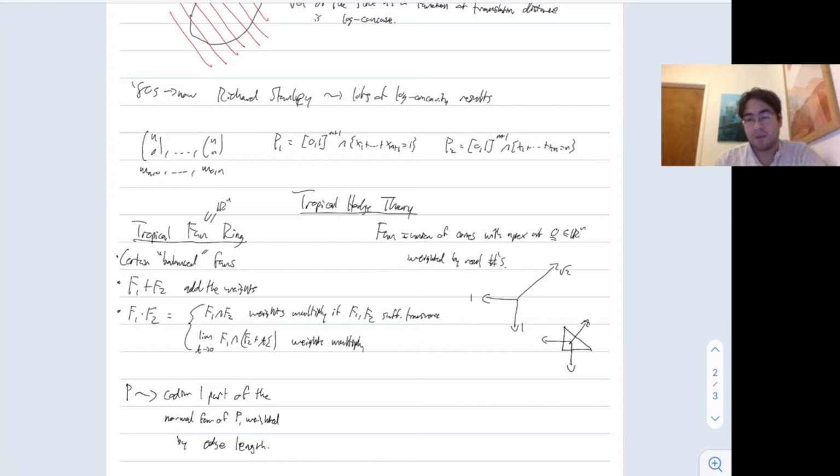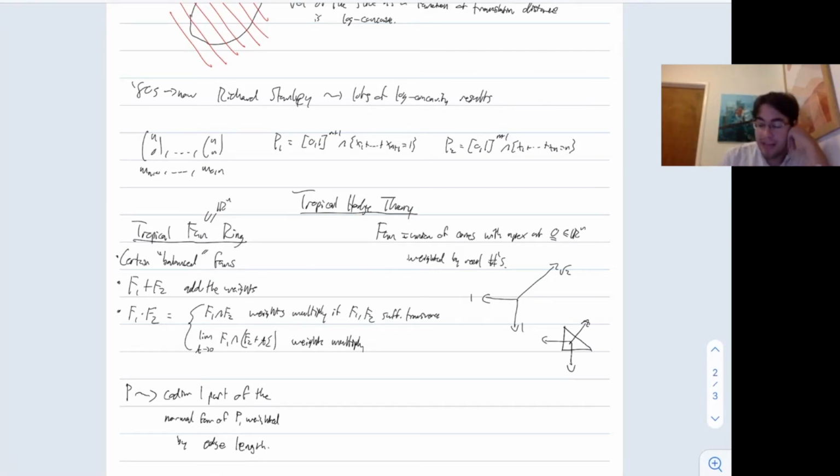In general, there are n-dimensional cones which surround the vertices, n minus 1-dimensional cones which cut the edges, etc., all the way down. And these glue together to form a very nice cone complex.